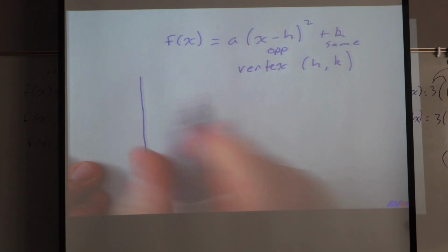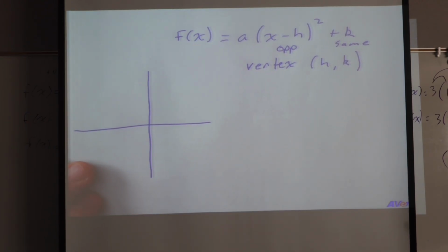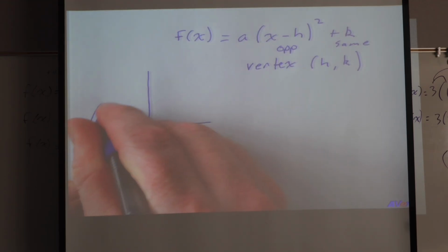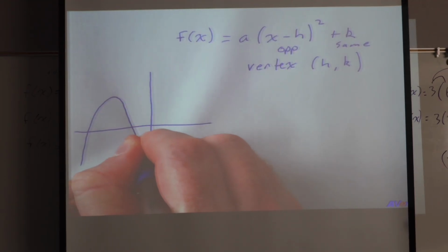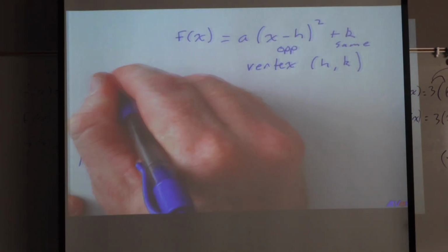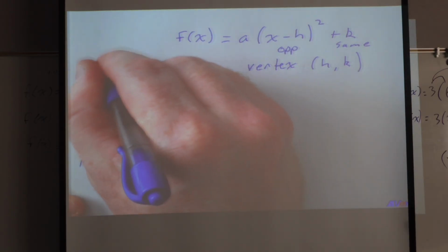And again, we had this parabola that looks something like this, where we had a vertex of (-2, 3). This was our vertex.